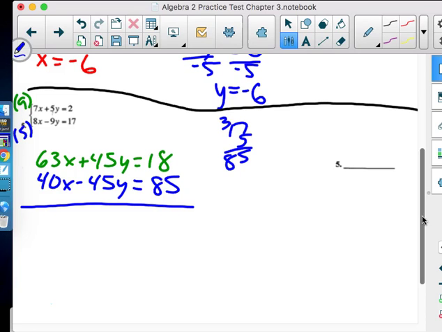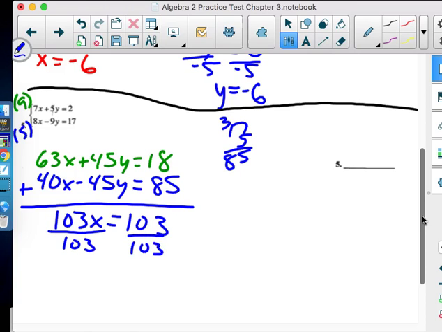Not necessarily liking the numbers, but 45 and negative 45. Well, so let's add them together and see what happens. That's going to be 103x. 3, carry the 1. Oh, look at that. Nasty numbers, but it works out nice in the end. Cool. X equals 1. We're not done.